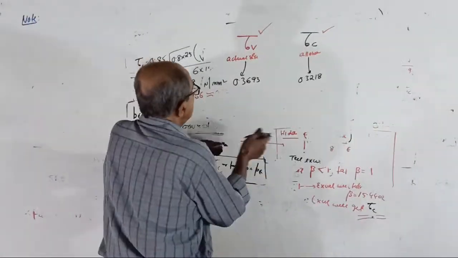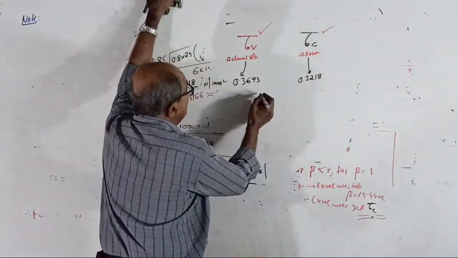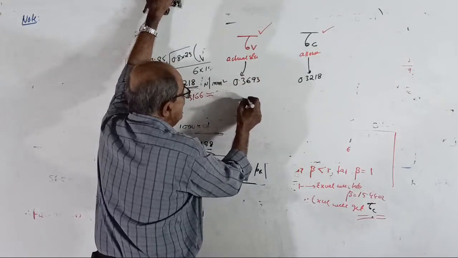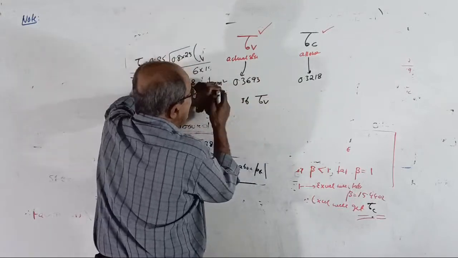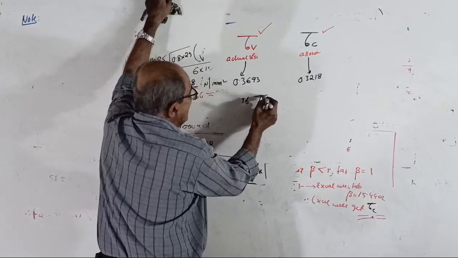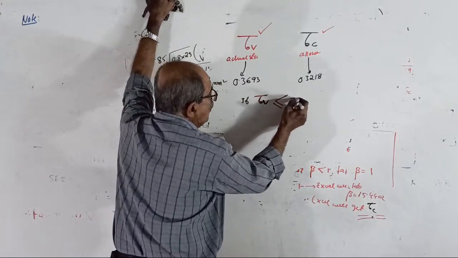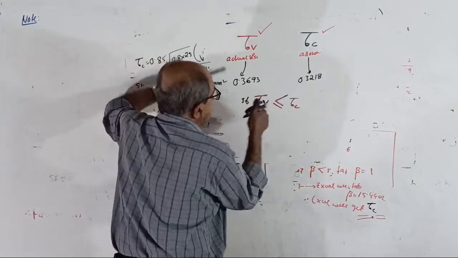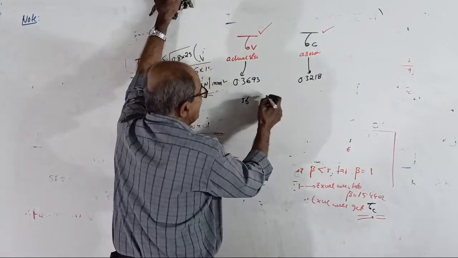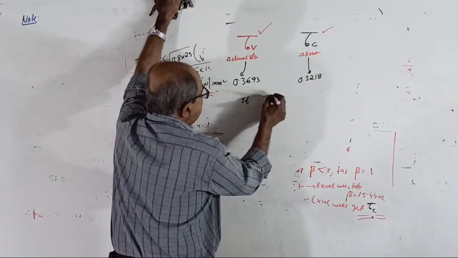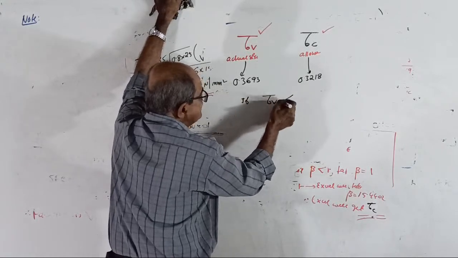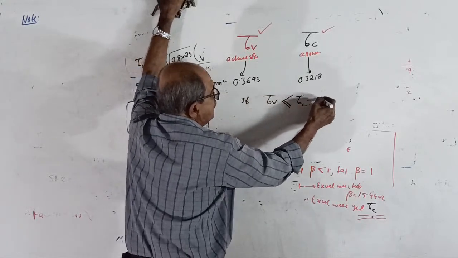Okay, now tell the Excel, if tau e is less than or equal to tau c, print what?